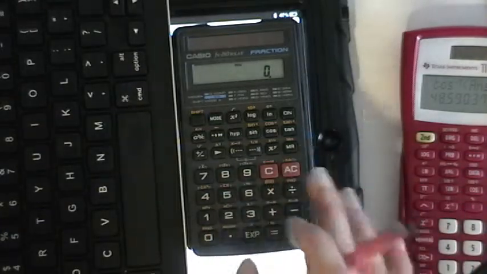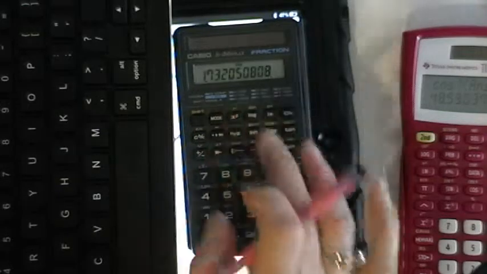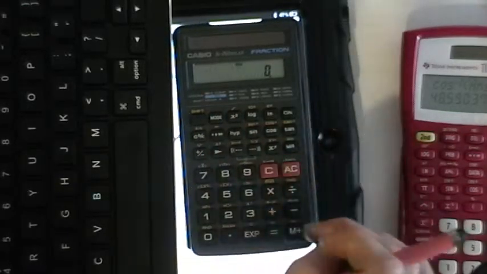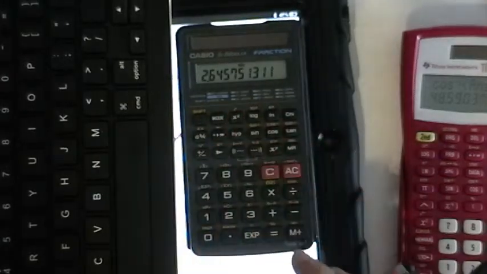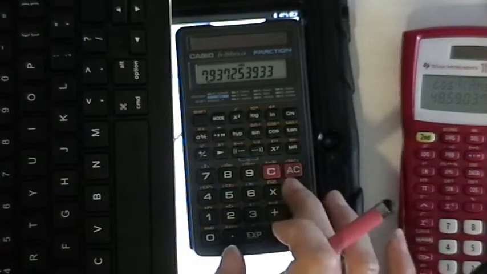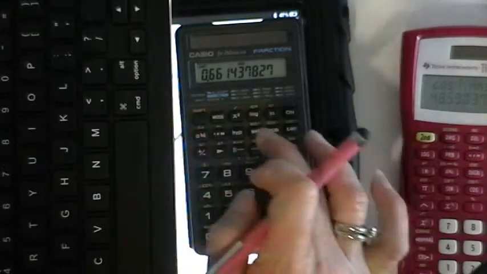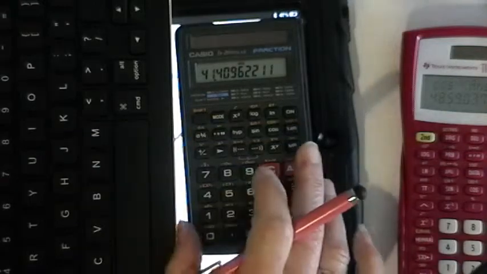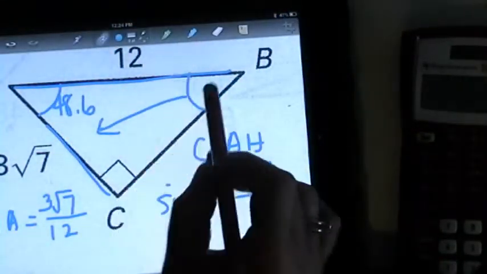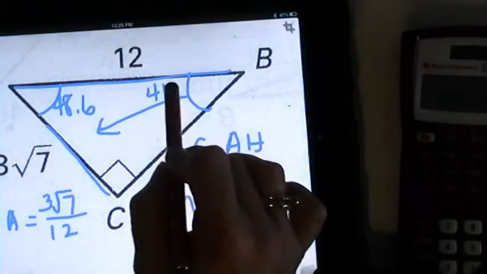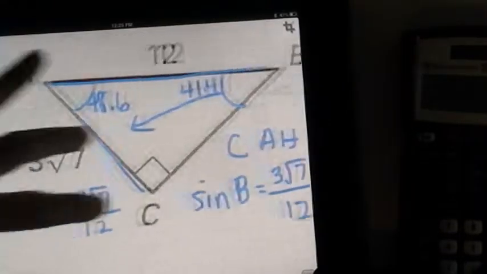So that would be 3 times the square root of 7, equals, divide by 12, equals, and then take the inverse sine, 41.4. And when you add those two together, you should get 90 degrees, which you do.